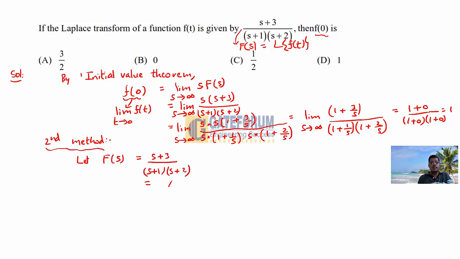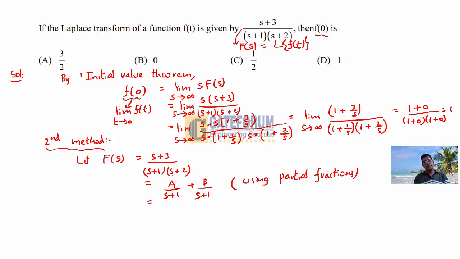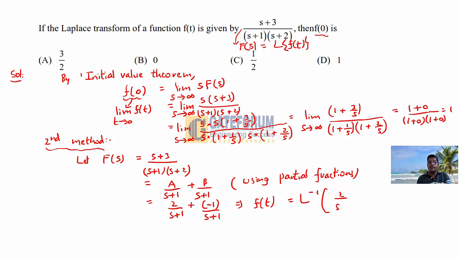Using partial fractions, this is A by s plus 1 plus B by s plus 2. By partial fractions, the A value is 2 and the B value is minus 1. Later you can check. So this implies f of t is nothing but L inverse of that F of s, that is 2 by s plus 1 minus 1 by s plus 2.